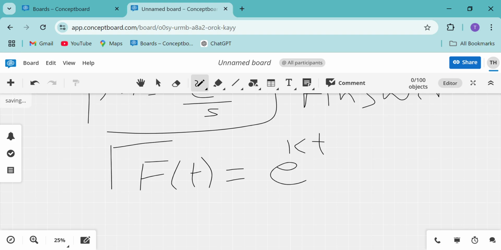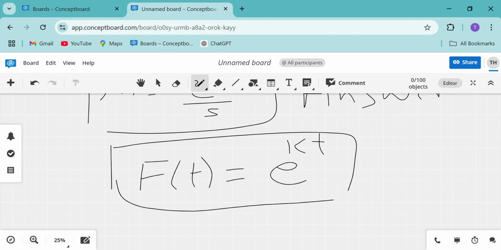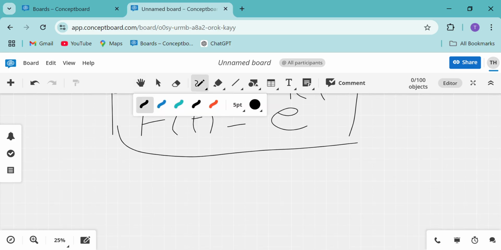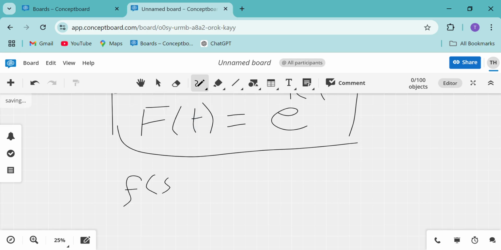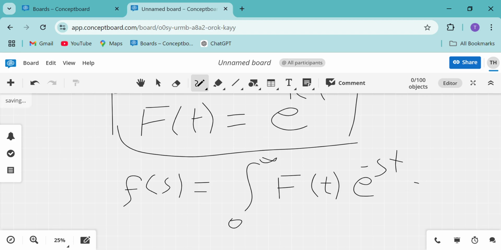Now we will transform this function into s domain. As we know that our F of s will be equal to the integral from 0 to infinity of f of t exponential minus st dt.